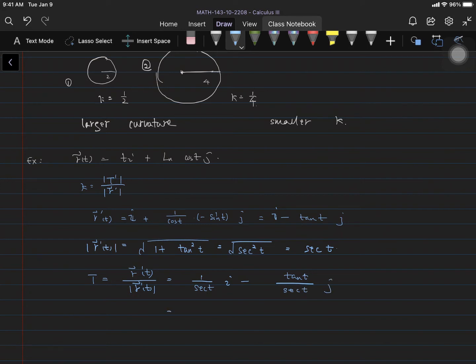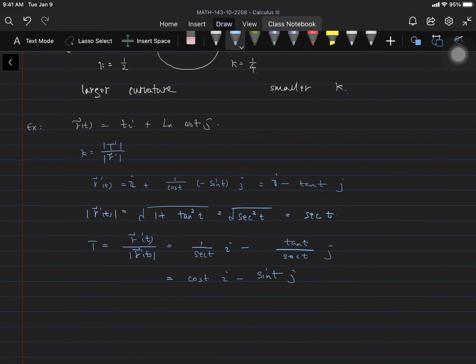Simplify this: 1 over secant is cosine t i, and tangent is sine over cosine, divided by 1 over cosine, so it is sine t j.